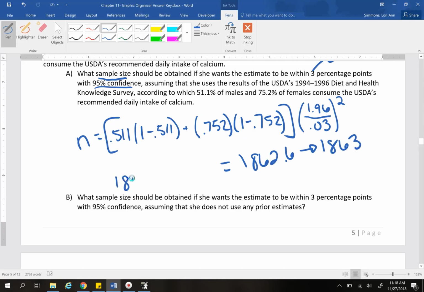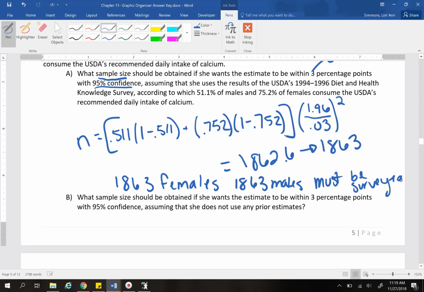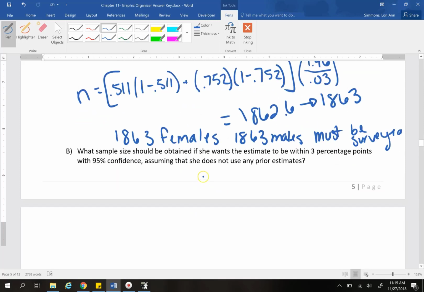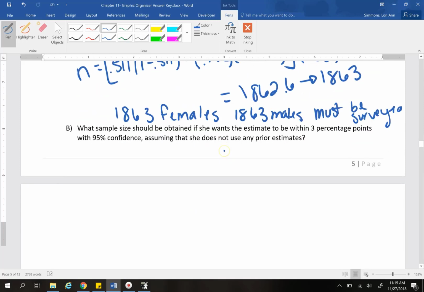So 1,863 females and 1,863 males must be surveyed. So we're figuring out n for each population, not combined, but each. So 1,863 from each population.